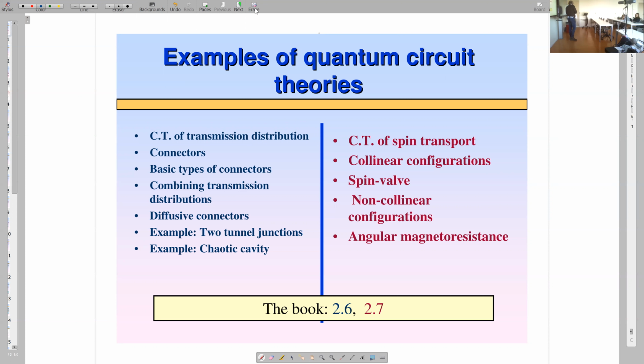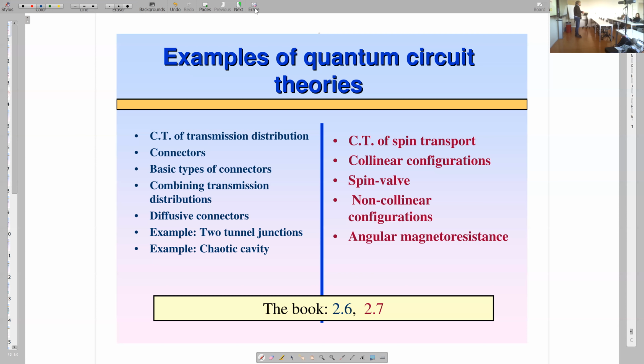Another example, which has had lots of applications in the last decades, is the quantum theory of spin transfer. Conservation of spin currents. What you can do with conservation of spin currents, how you can treat elements which contain ferromagnets and normal metals. All right, that would be a more physical example.